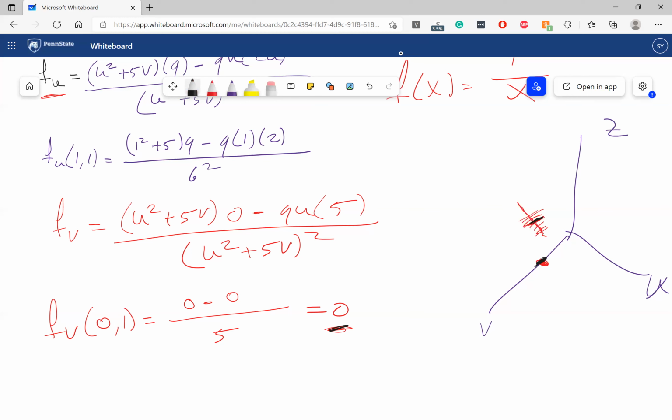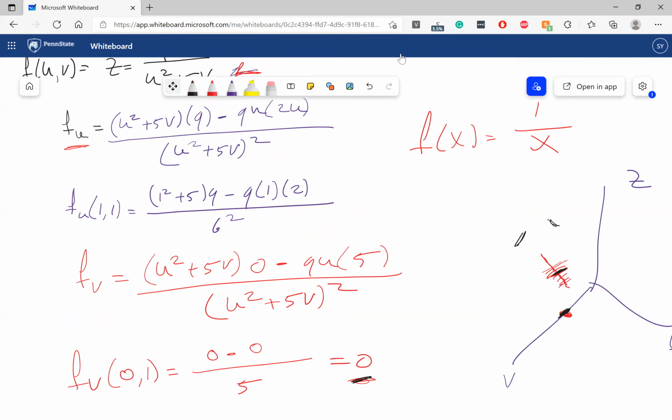So the same way you can tell whether functions are flat in Calc 1 using the derivative, or whether they're going up, right? If the derivative is positive, your function is going up, and if the derivative is negative, your function is going down. Similarly, in this case, you can tell a lot from the derivatives about what your function is doing.